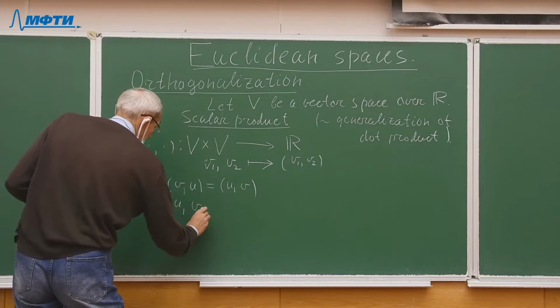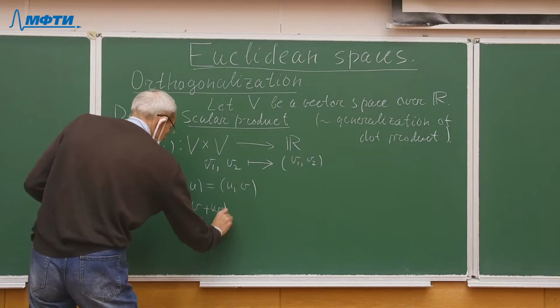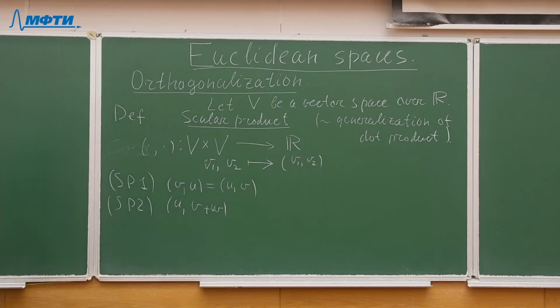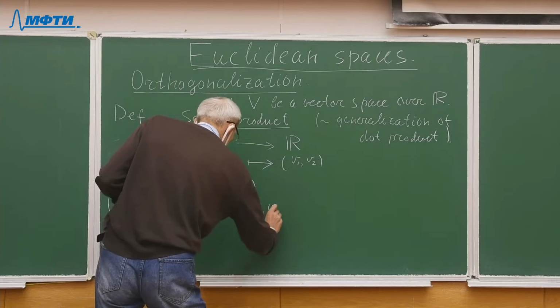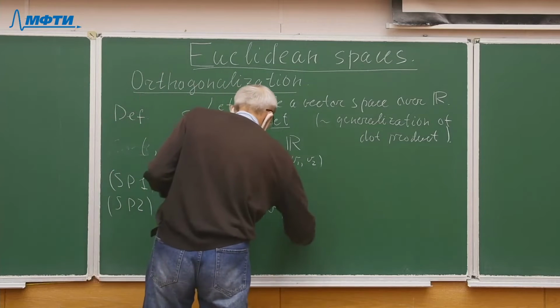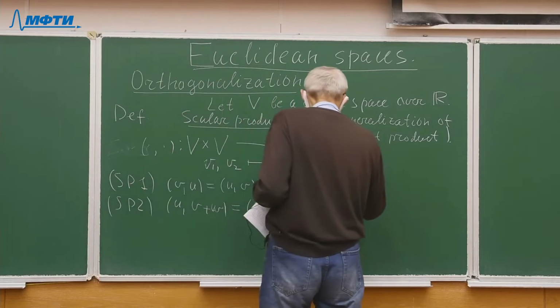If we apply the scalar product to u and the sum of arbitrary vectors v and w, we obtain the scalar product (u, v) plus (u, w).